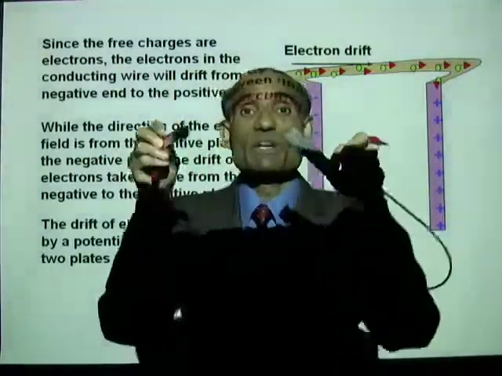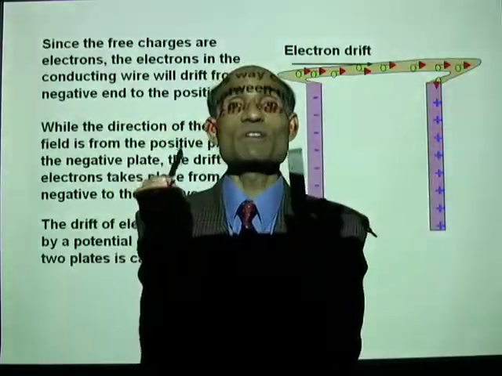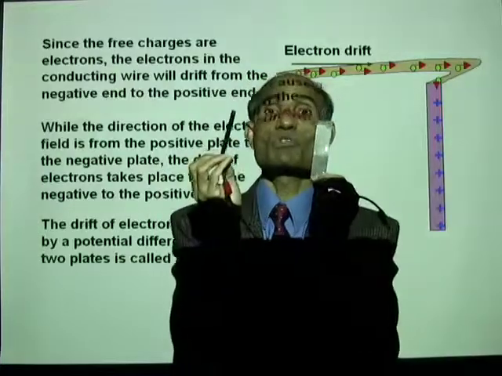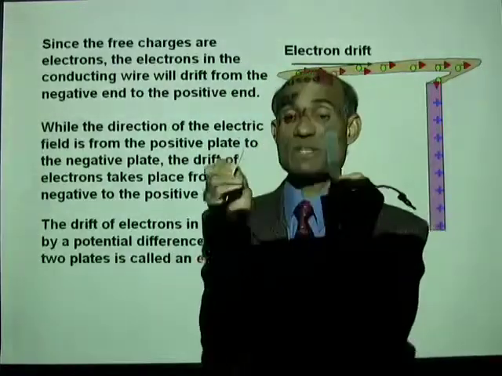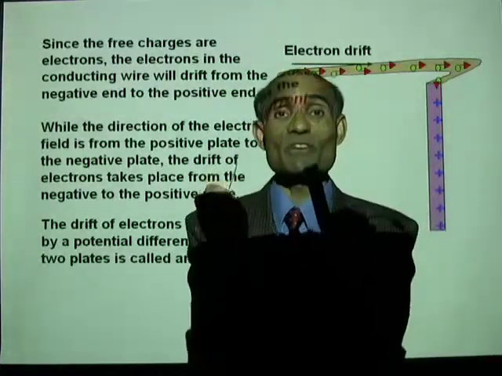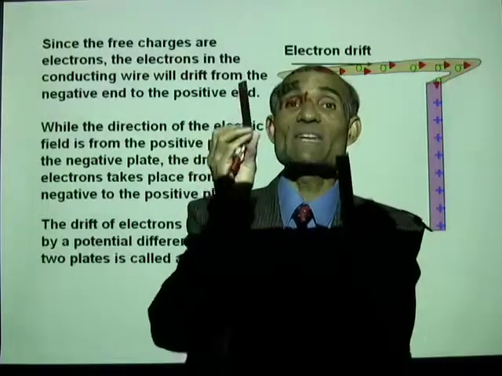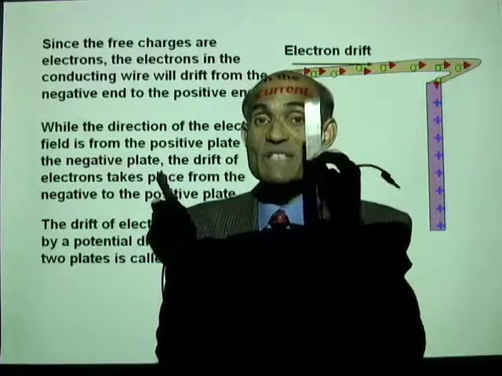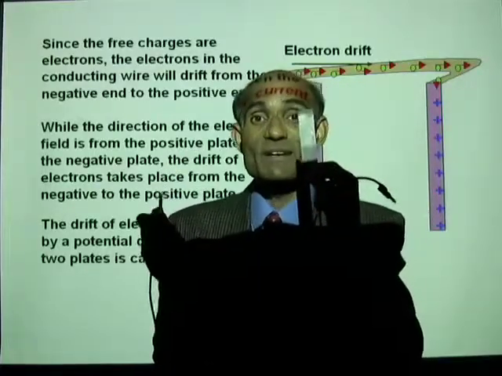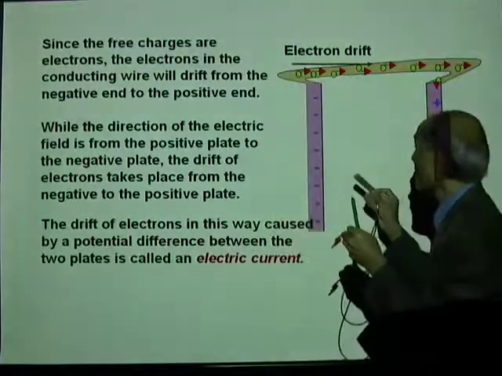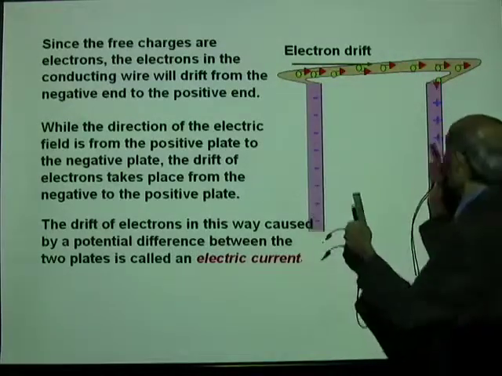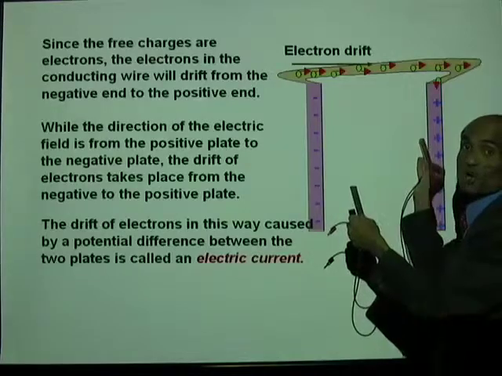If I dip this in dilute sulfuric acid, the chemical action between the metal plates and the sulfuric acid will set up a net positive charge on copper and a net negative charge on the zinc. That means I will now have a negatively charged zinc and a positively charged copper.